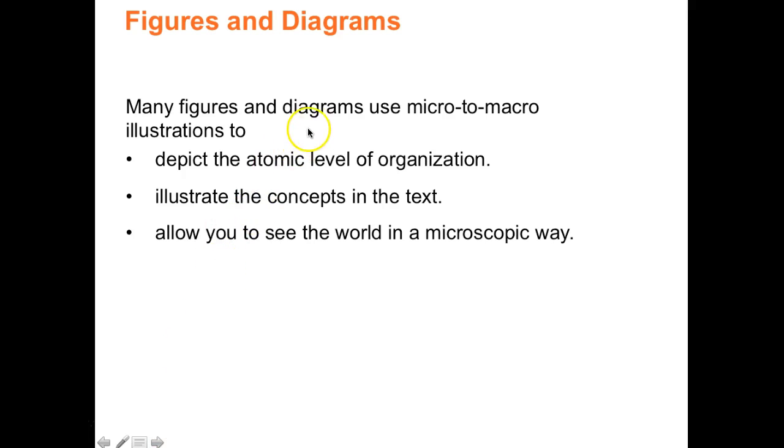There are a lot of figures and diagrams, and a picture is worth 1,000 words. When you look at a picture, it gives you a synopsis of that content in a way that words can't. It gives you a crystal clear viewpoint of what the content in the section or chapter is about.